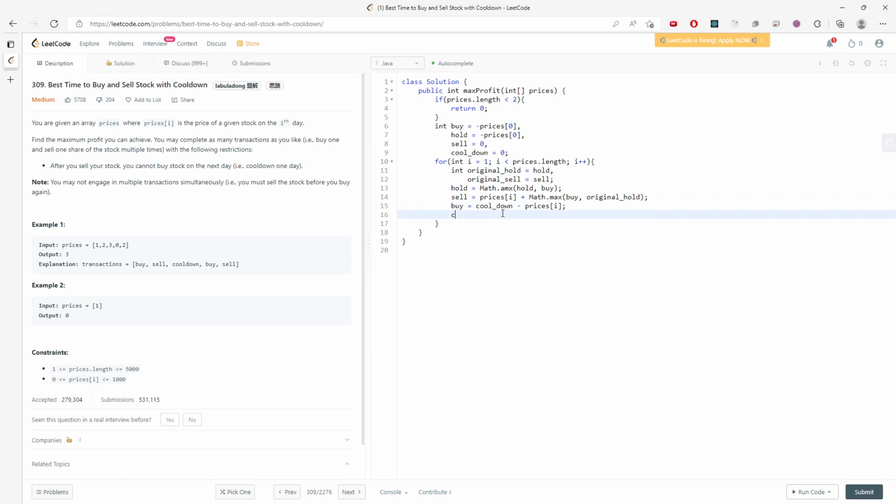And then for the cooldown, this is going to be based on the original sell and the cooldown. So the max of cooldown and original sell. And then at the end, you just have to return the max of cooldown and sell, so you determine which one is the maximum profit so far.